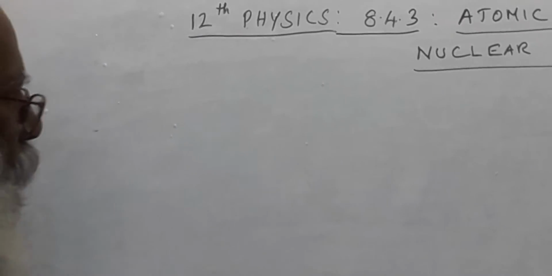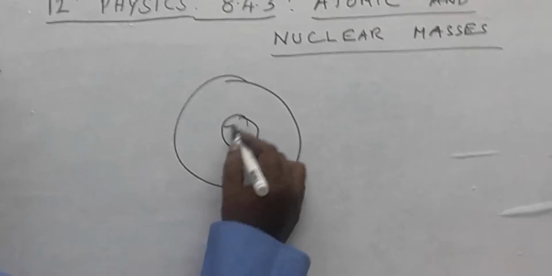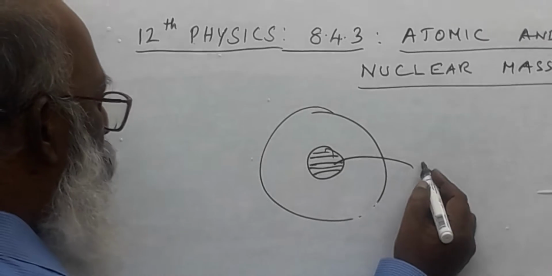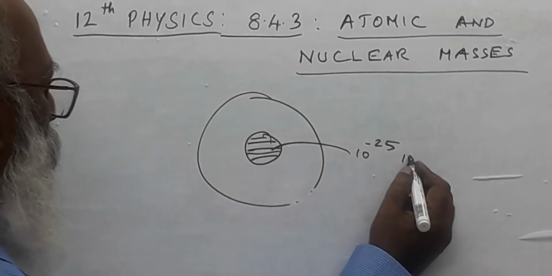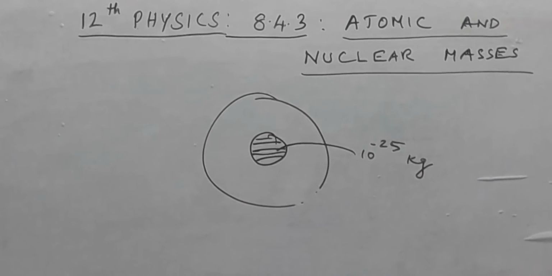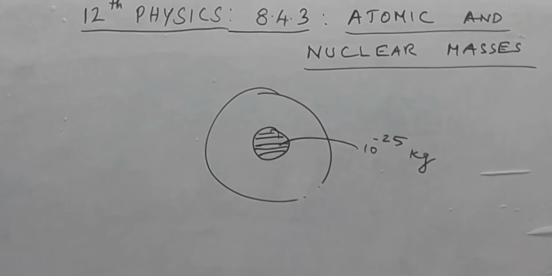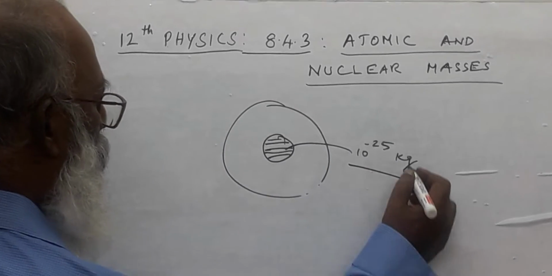Yes, now when you consider an atom and you want to find out the mass of its nucleus, it is very tiny, 10 power minus 25 kg. It is very difficult to measure this kind of calculation in kilogram.